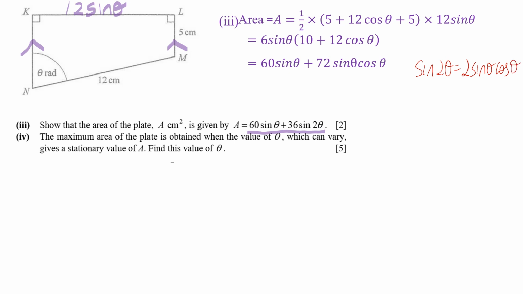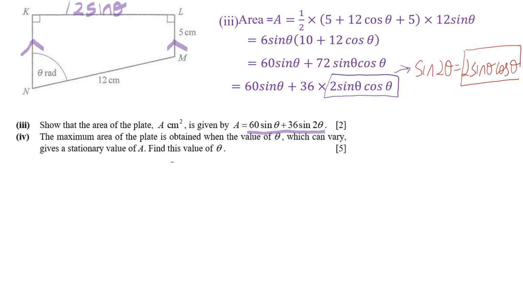So I'm going to break up 72 to be 36 times 2 because I need to write it like that. Then I can use sine 2 theta. So 72 is 36 times 2, and here I can apply my double angle. That will give us what I need to show.